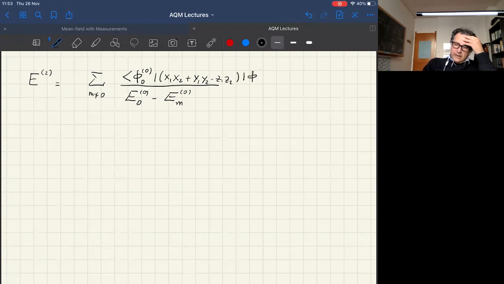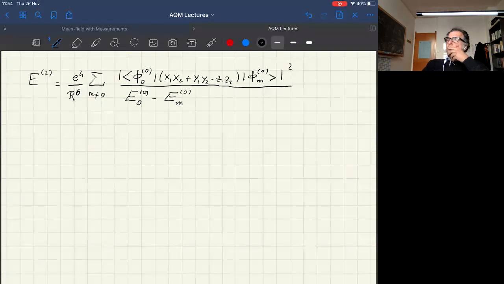I have phi 0 of m modulus squared. And then I have to multiply E squared over r to the 6, okay?